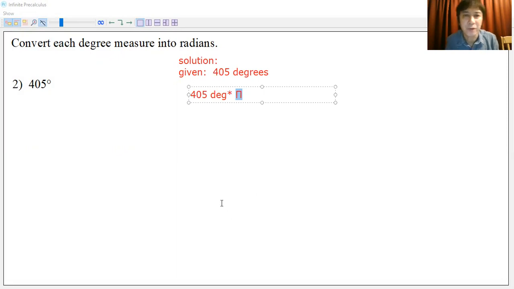That's 405 degrees, and this is now pi radians, which we're going to abbreviate as well. Pi radians for every 180 degrees, just like from number 1. This is now the conversion factor: pi radians for every 180 degrees.